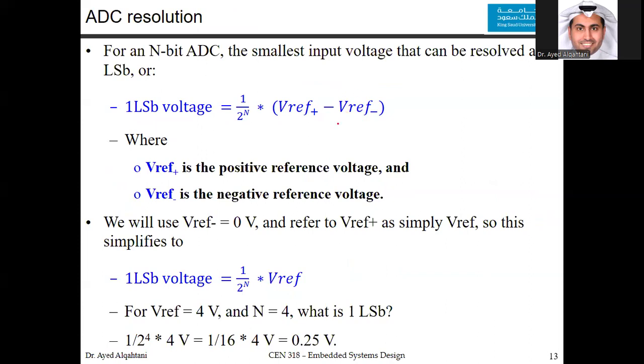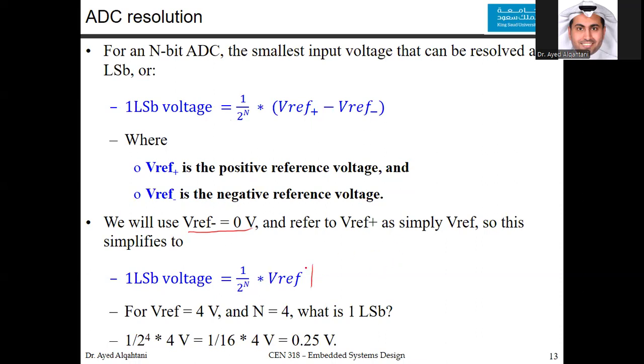The Vref plus is the positive reference voltage. The Vref minus is the negative reference voltage. Now, we said that we will consider the Vref negative value 0. And for that, this equation became: one least significant bit voltage is equal to 1 divided by 2 to the power of n multiplied by the Vref.